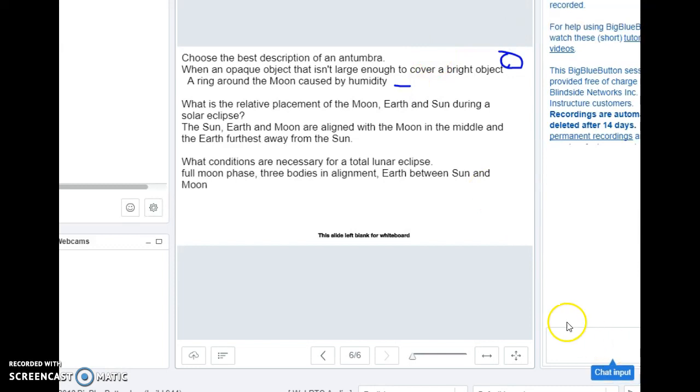What is the relative placement of the moon, Earth, and sun during a solar eclipse? Be sure that you understand the correct placement of the moon, Earth, and sun. You should know this for a solar eclipse and a lunar eclipse.